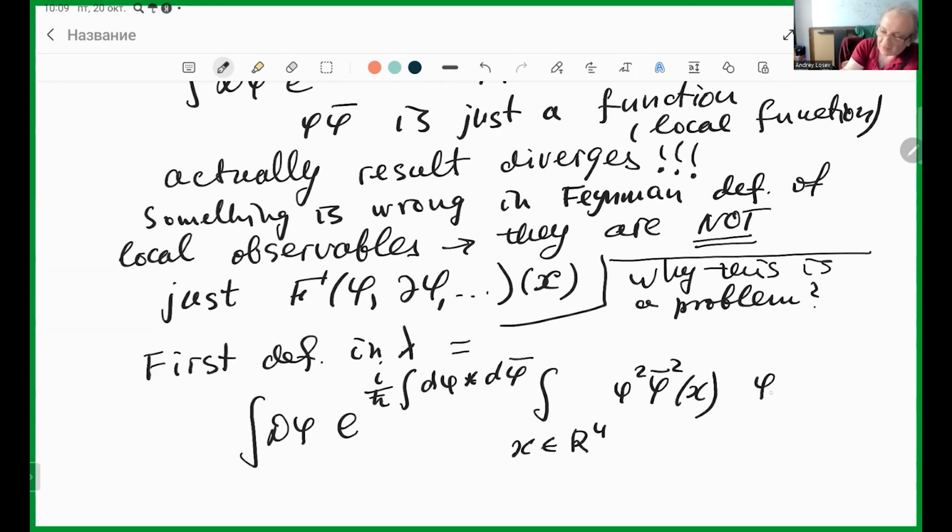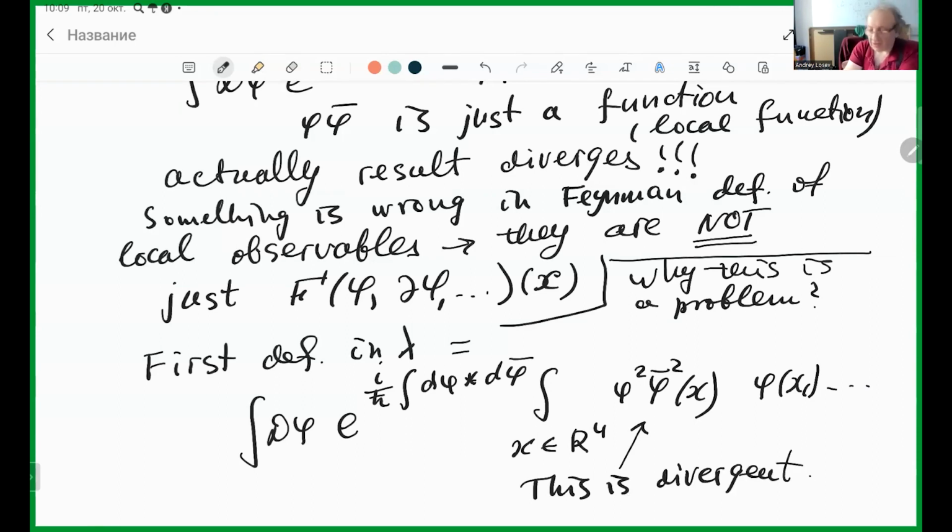And here we have our phi of x1, etc. But this is divergent. Okay, you see, it's wrong. We cannot use it.